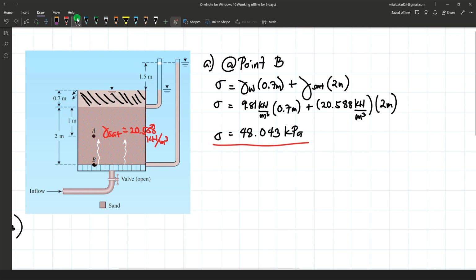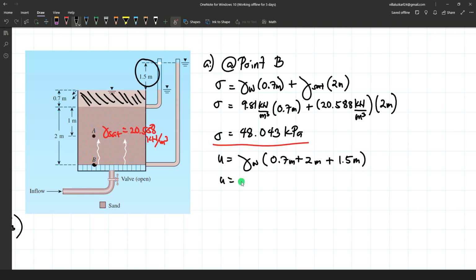So for the pore water pressure U, unit weight of water multiplied by the total height, 0.7 and 2, so that's a total of 2.7 meters, and add the pressure difference, which is 1.5 pressure head difference.